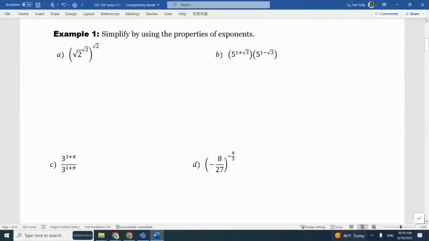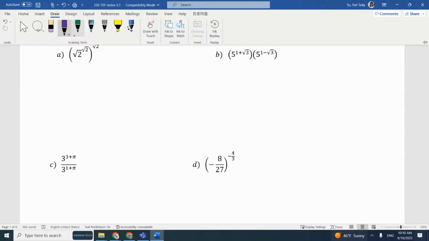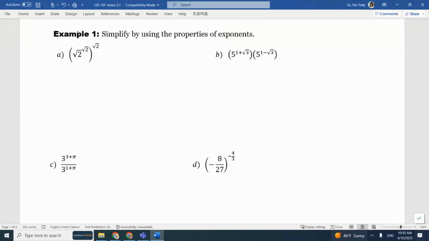Example 1. Simplify by using the properties of exponents. Do you see we have this exponent raised to this exponent? So do we multiply them or add them? Multiply. So square root of 2 times square root of 2. We multiply the exponents. What is square root of 2 times square root of 2?